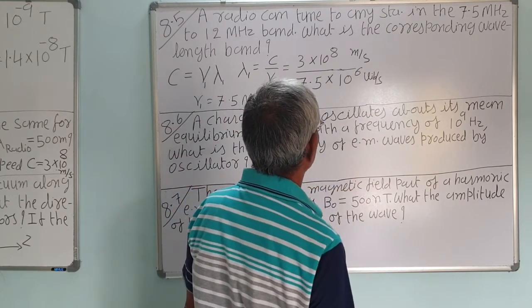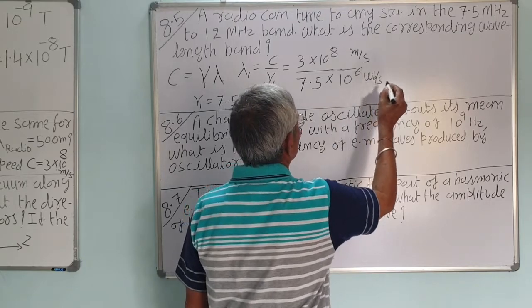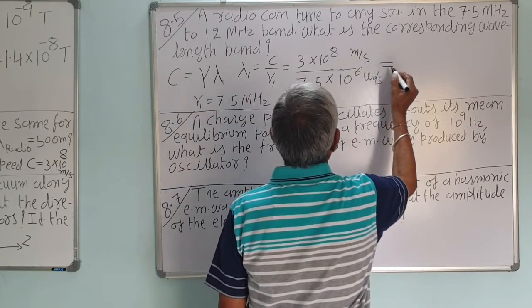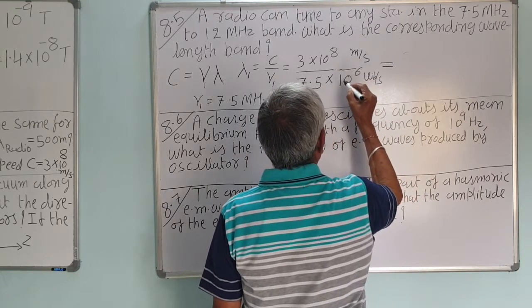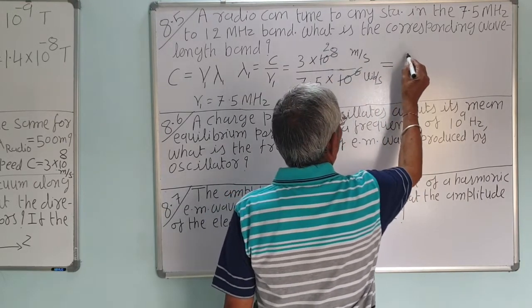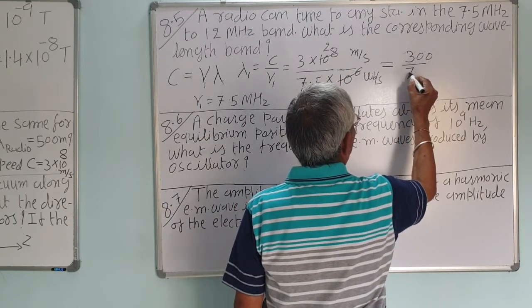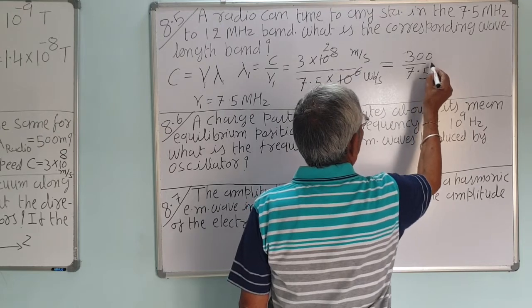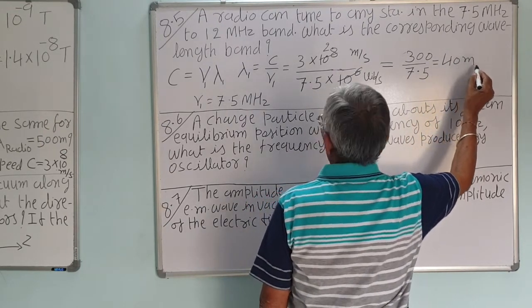The seconds cancel, so meter will be the unit. That is equal to, this is 10 raised to 2, so 300 upon 7.5, that is equal to 40 meters. Correct?